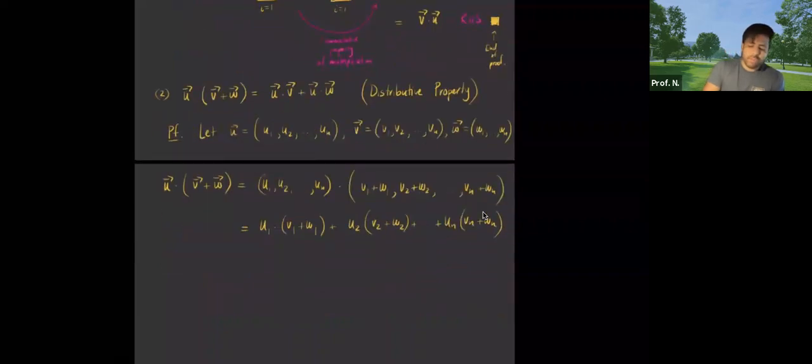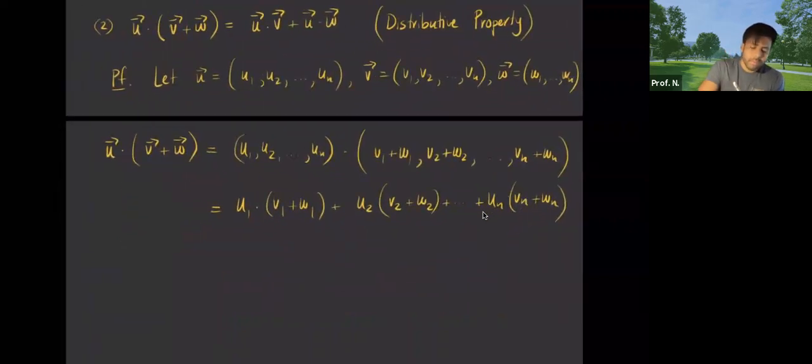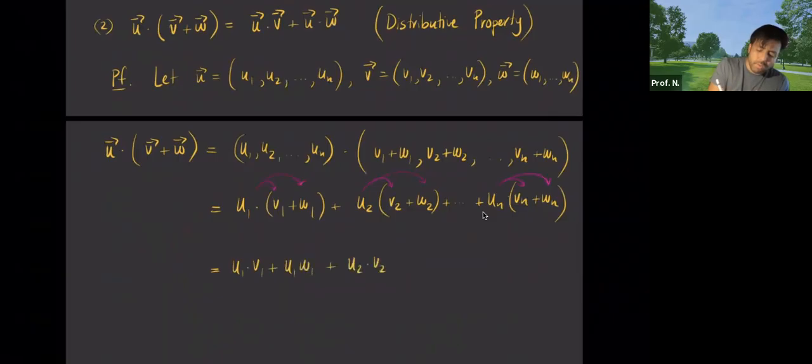I can distribute this U to each of these terms inside, can't I? And so this becomes U1 multiplied by V1 plus U1 multiplied by W1 plus U2 multiplied by V2 plus U2 multiplied by W2, plus all the way to Un Vn plus Un Wn.